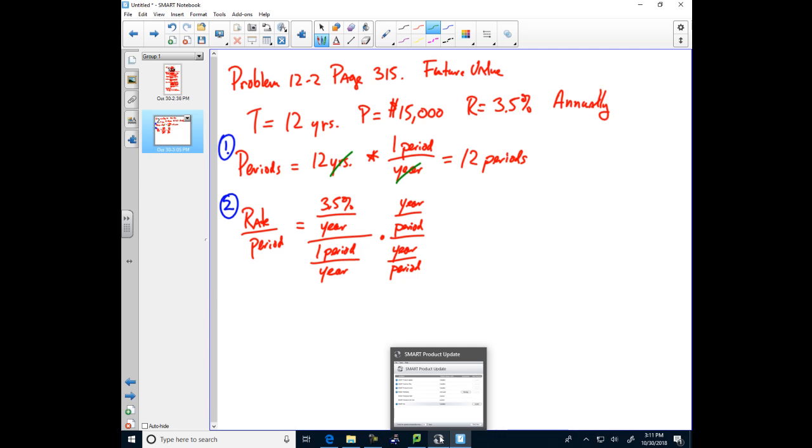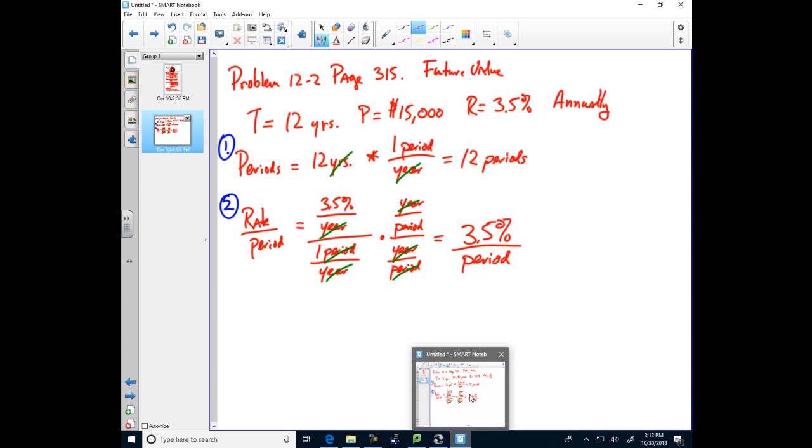So I haven't changed anything, but watch what happens here. That cancels, that cancels, that cancels, that cancels, and that cancels. So in this case, we're left with 3.5% per period. I just wanted to prove to you that the math works out. Now, you don't have to do that anymore, okay? I don't want to traumatize anybody, but that's the way it works. So that's step number 2.